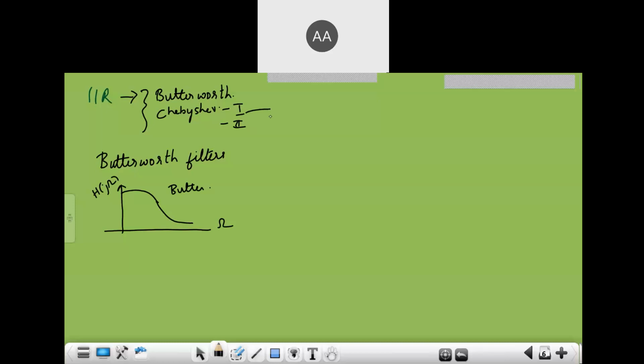A Chebyshev filter will have too many ripples in the pass band. The number of ripples also you have a formula to find out. We'll see that later. So in your Butterworth filter, the most important characteristic is that the pass band of the filter will have smooth transitions. There will be no ripples. Of course, there will be some small amount of ripple present, delta P. So this is the important feature.